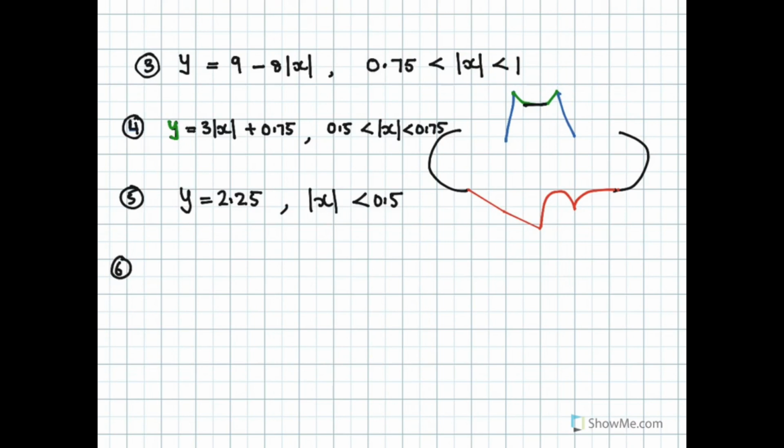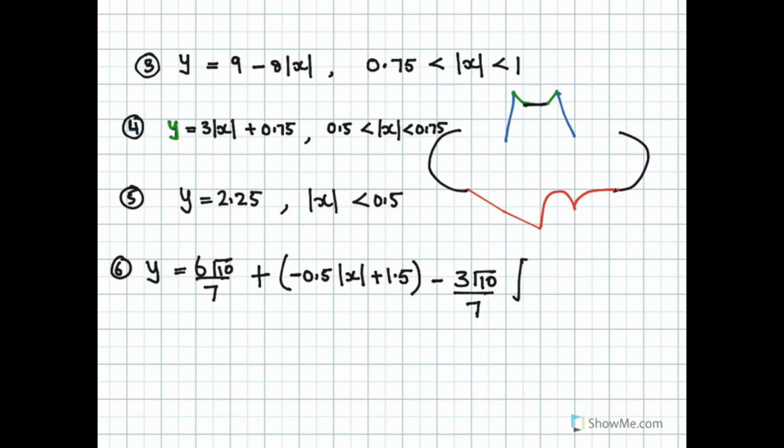The last part, the sixth curve, is y is equal to 6 root 10 by 7 plus, put a bracket slowly, put minus sign, minus 0.5 modulus x again, plus 1.5. So bracket minus 0.5 modulus x plus 1.5, close the bracket, minus 3 root 10 by 7.